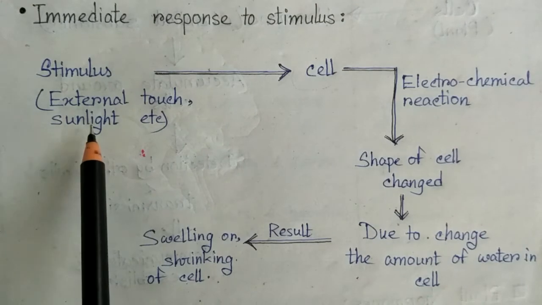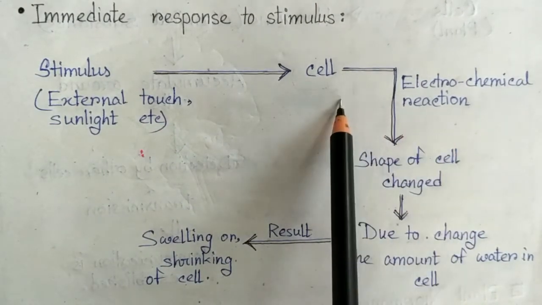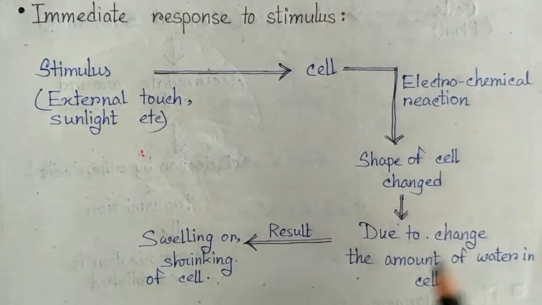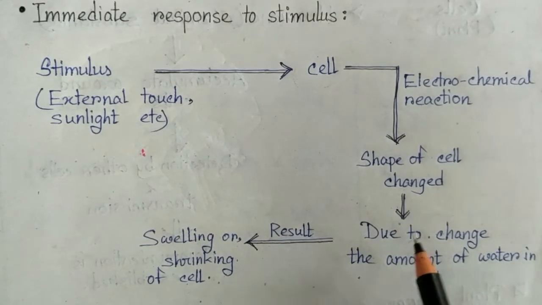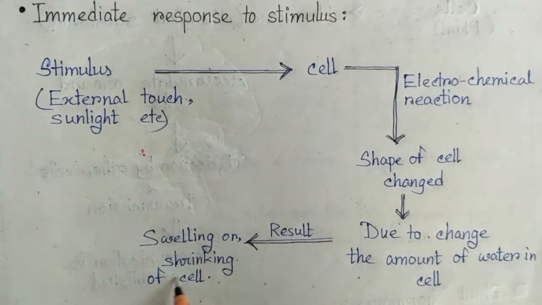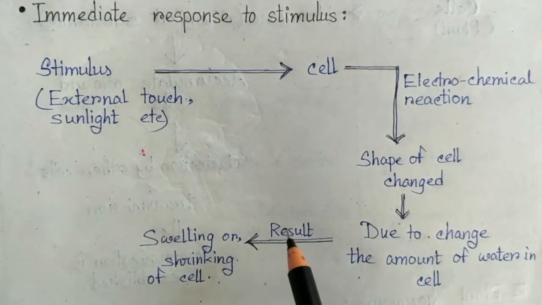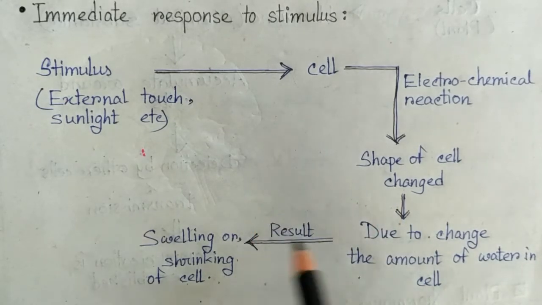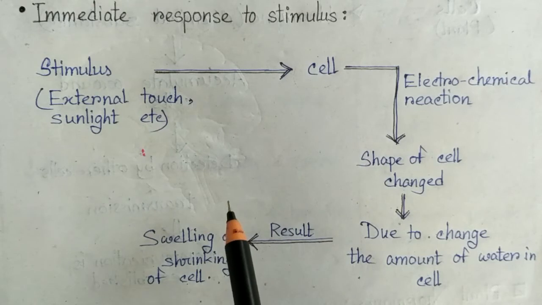So firstly, the stimulus comes to the cell, then different electrochemical reactions occur here. The shape of the cell is changed and due to this, the water amount changes and the result is swelling or shrinking of the cell. It's an immediate procedure and much faster than growth movement. It's not growth movement, it's a response to a stimulus or external factors.